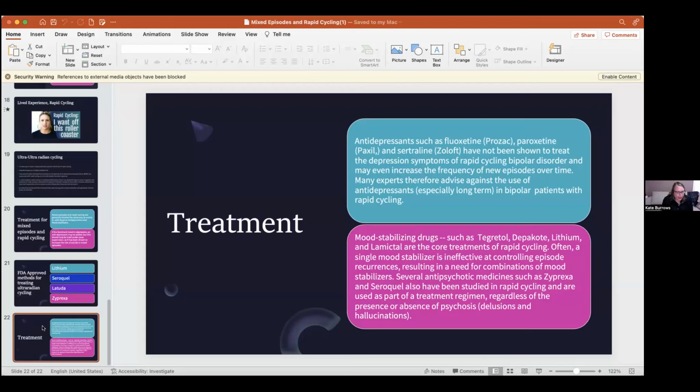So Prozac, Paxil and Zoloft are specifically shown to increase rapid cycling. But if you were to combine an SSRI such as Prozac with Zyprexa, it's very possible that it would prevent that SSRI from triggering a manic or a rapid cycling episode.